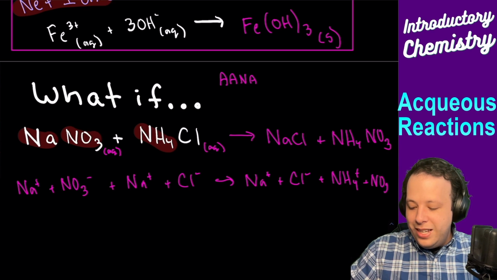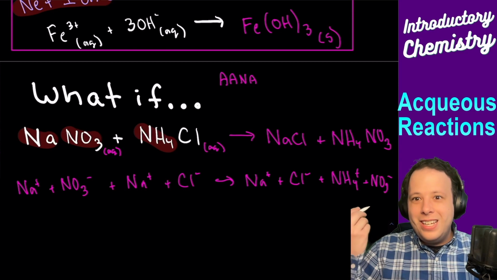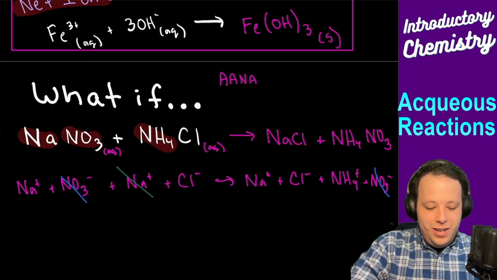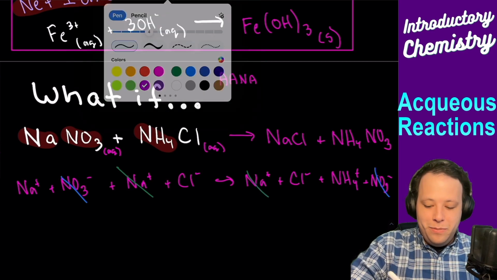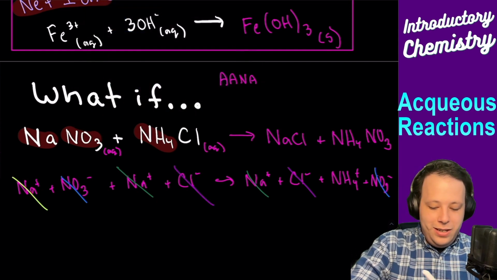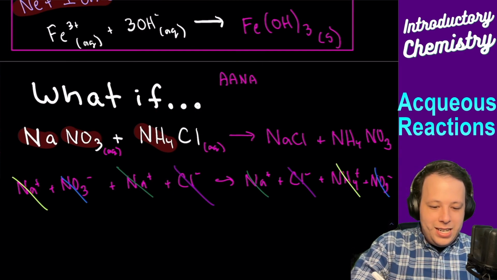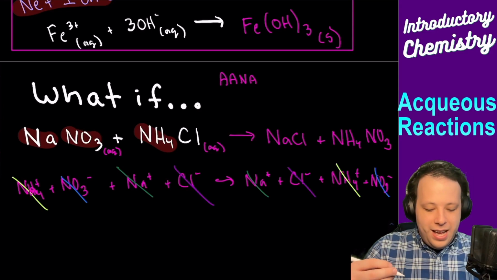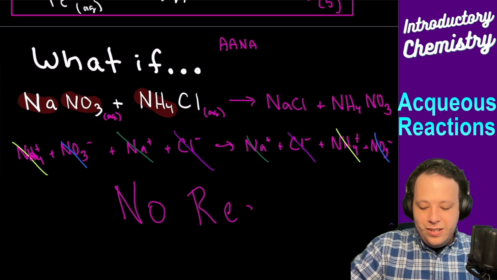Well, being that everything here is an ion, everything cancels out. If all of your individual ions cancel out completely, so all the chlorines are canceling, all of the sodiums are canceling, all the ammoniums are canceling, when that actually happens, that is when we have a complete no reaction.